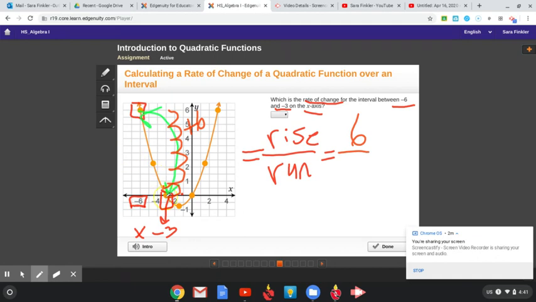Okay, so let's make sure I'm on that line here. So we are on this -3 line. Now we want to go to the right. How do I get to that top point? Should I go to the right or should I go to the left? Very good, to the left. So we're going to go to the left.